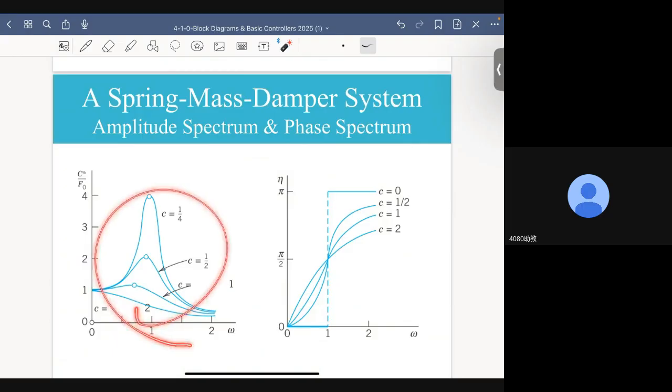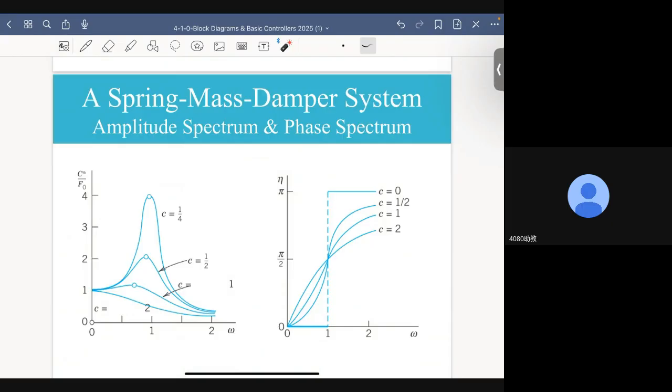From this response, we know how our spring mass damper system responds to sinusoidal excitation with the same amplitude but different frequencies. All right, and this is very important.